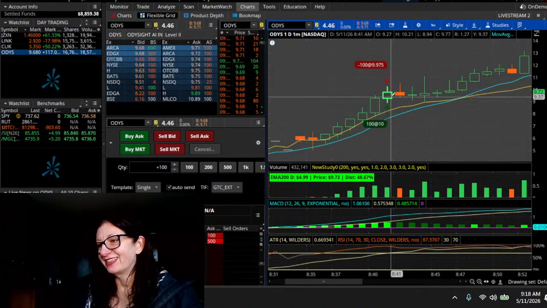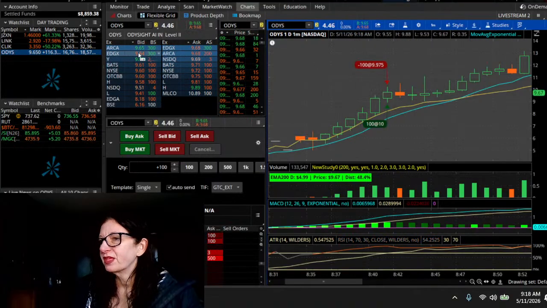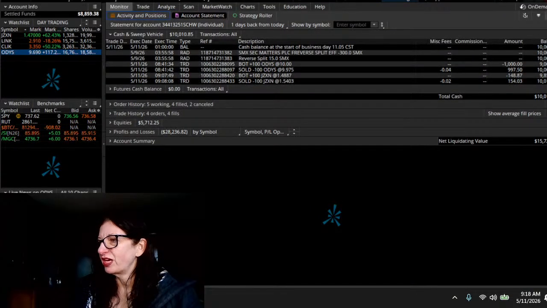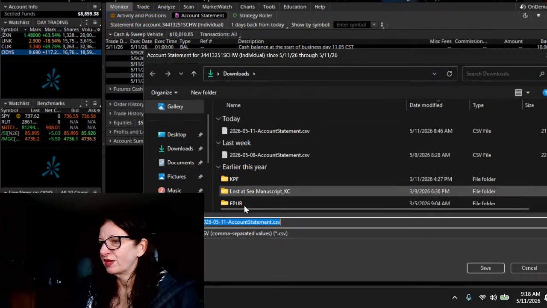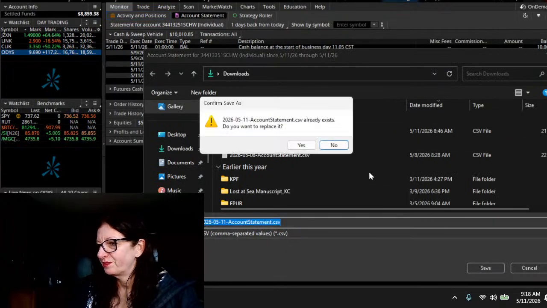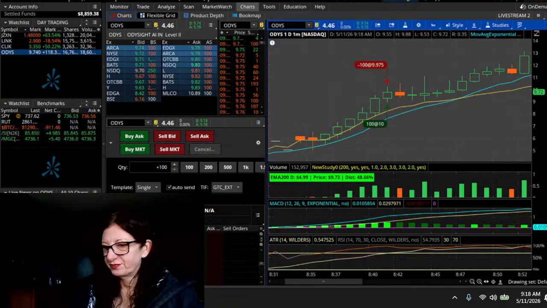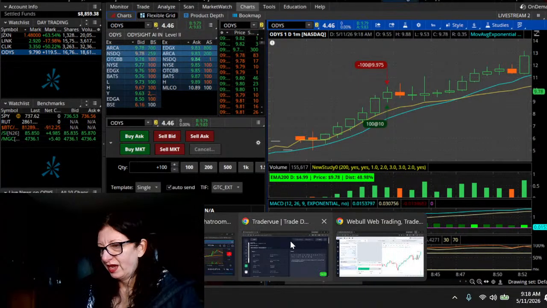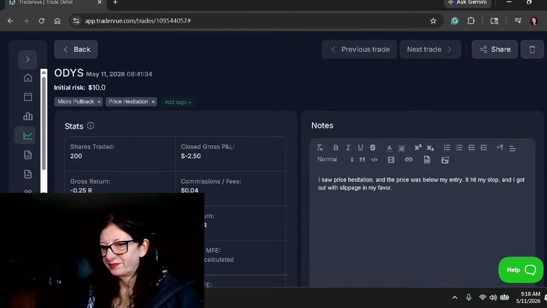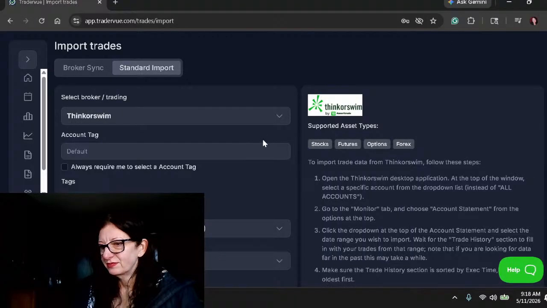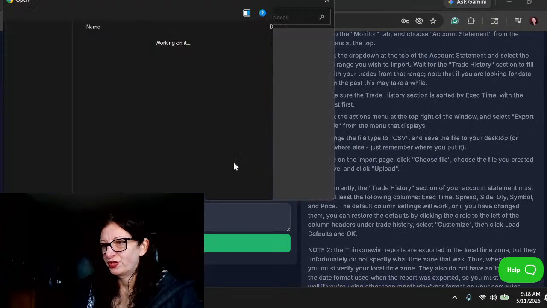Oh, I didn't transfer my trade to export to file. Let me add my green trade to my trader view.